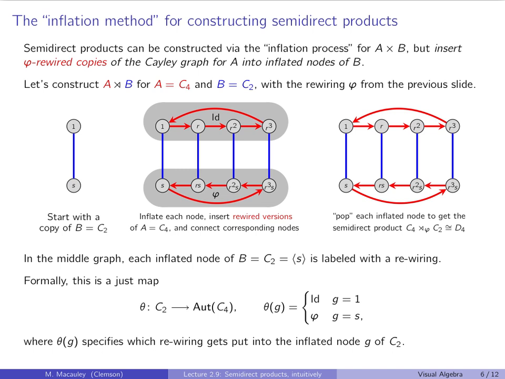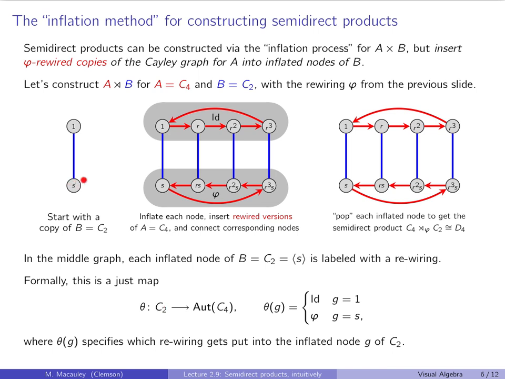Notice that in the middle graph, each inflated node, there's two of them, is labeled with a rewiring. This one we say is the identity rewiring, and this one is the non-trivial rewiring that reverses the arrows. Formally, this labeling is a map whose input is C2.